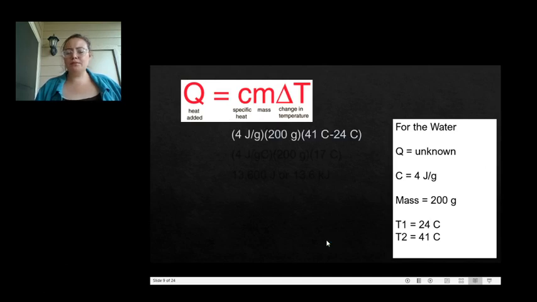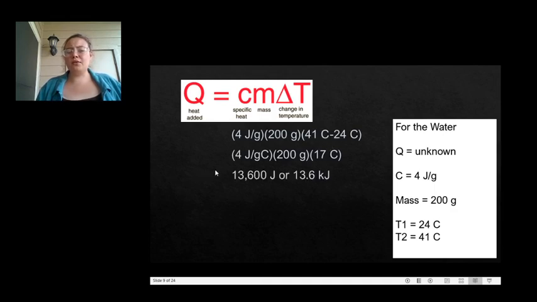Then we work it out. We have our specific heat value, the mass, and our change in temperature. We subtract these two, we get 17. We multiply the whole thing out. The grams and the grams cancel. The C and the C cancel. We're left with joules. We get 13,600 joules, or 13.6 kilojoules.